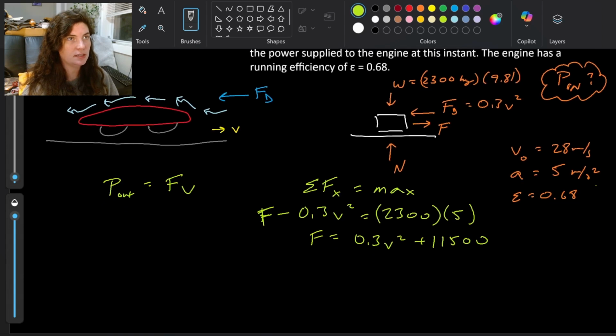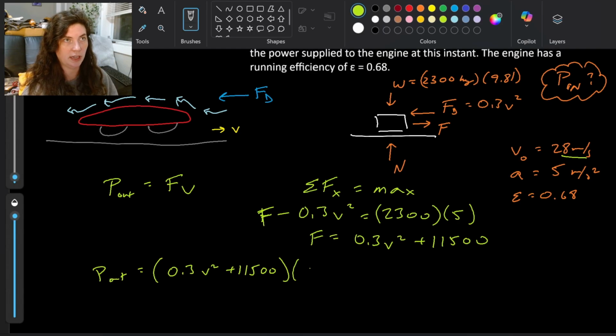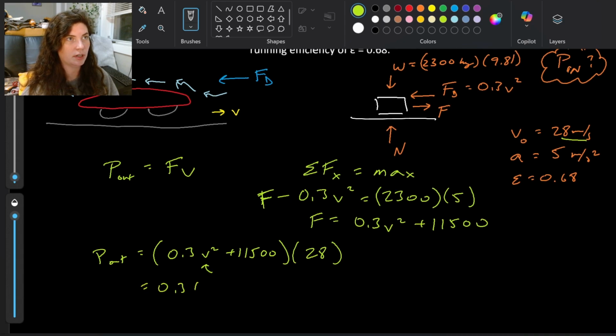So I'm going to take this and use it in my power output. My power output is F times V. So it's going to be my F, 0.3 V squared plus 11,500, times velocity, and our velocity at this time is 28, which I also need to substitute into my equation. 0.3 times 28 squared plus 11,500, all times 28.